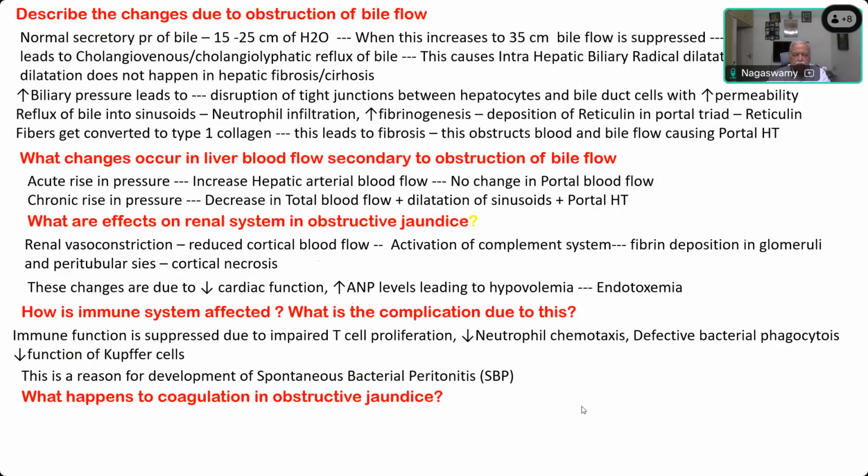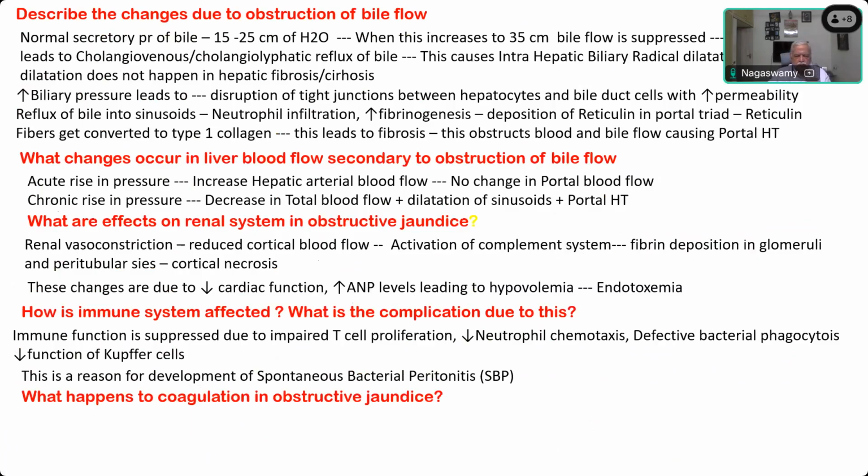Next to it, albumin is also considered as a marker for severity. Just like you do the troponin for cardiac ischemia and myocardial infarction, prothrombin time and albumin are considered as the markers for assessing the severity of liver disease, whether it is jaundice or cirrhosis, whatever. And prothrombin time is considered more as an acute marker.